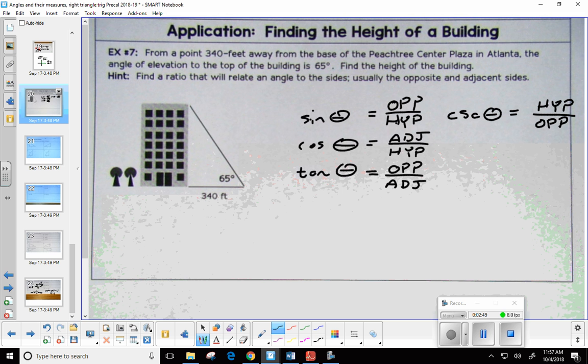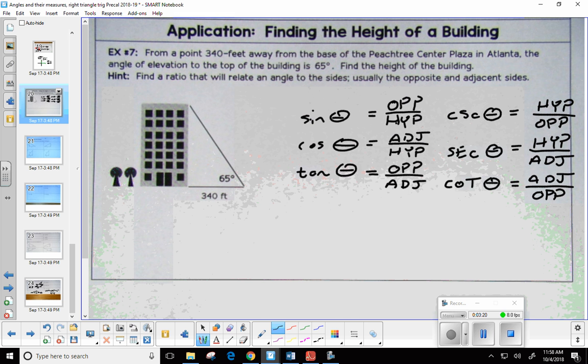Now, what's the reciprocal of cosine? Secant. So SEC of theta is equal to the hypotenuse over the adjacent. And we've got one to go. What's the reciprocal of tangent? Cotangent. There we go. Cotangent of theta would be adjacent over the opposite.